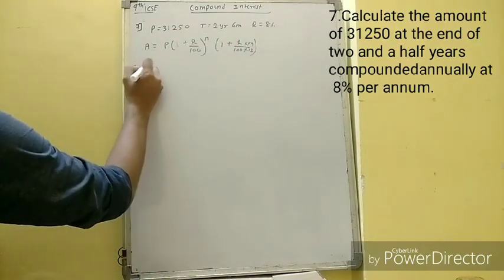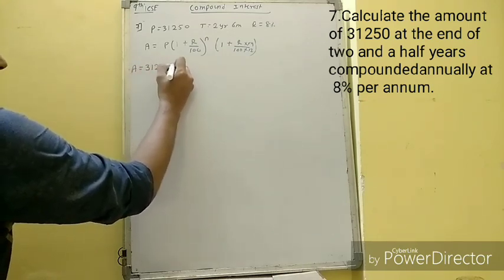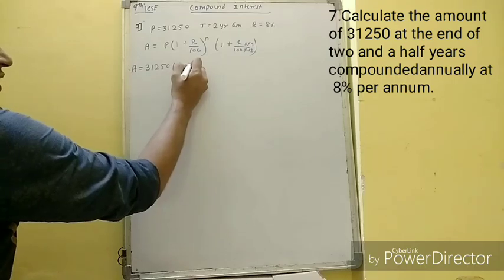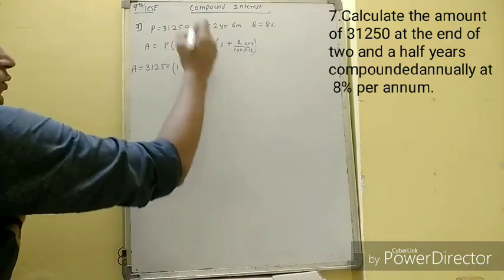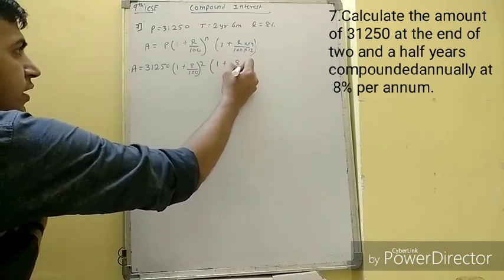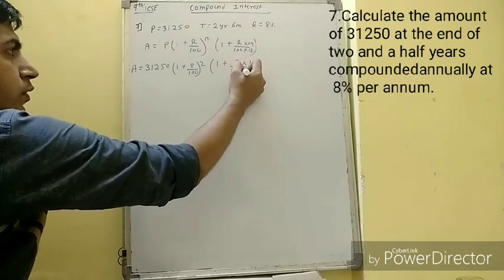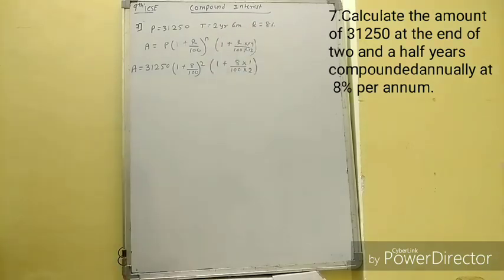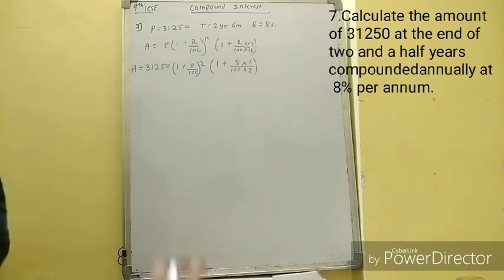So the amount is equal to principal 31,250, 1 plus rate 8 upon 100 raised to 2 as we have 2 years, and 1 plus 8 upon 100 as months is 6 months. 6 upon 12 is 1 upon 2. I have done it directly so that it is easy for me to calculate.